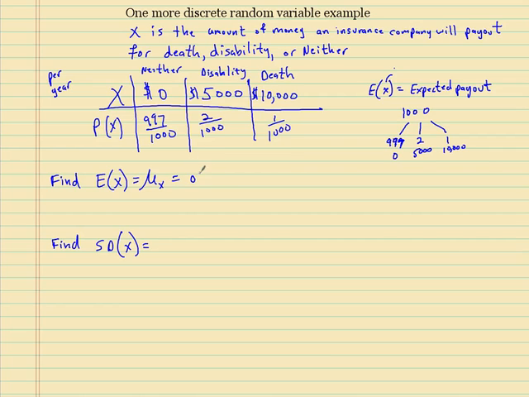The formula is 0 times 997 divided by 1,000, plus 5,000 times 2 over 1,000, plus 10,000 times 1 over 1,000. I'm going to show you how to do this on your calculator today too.